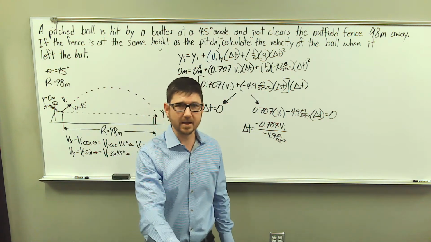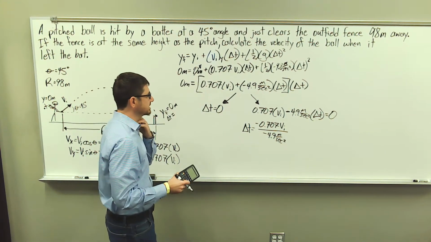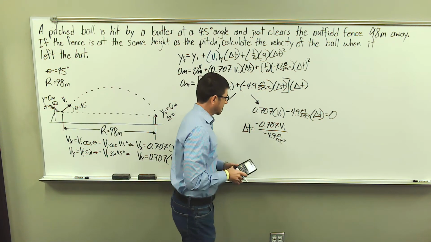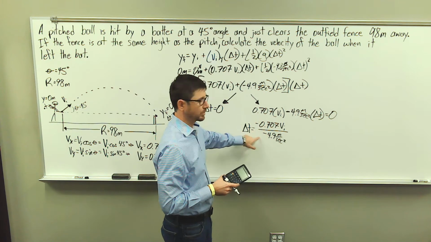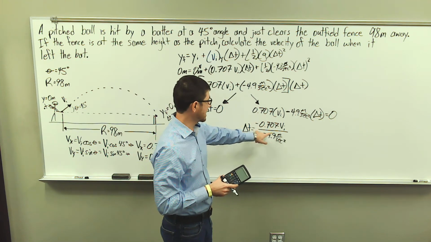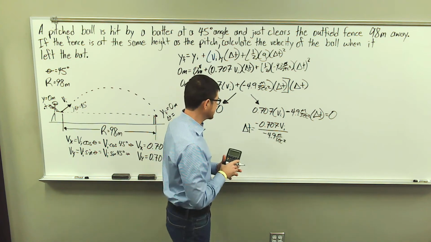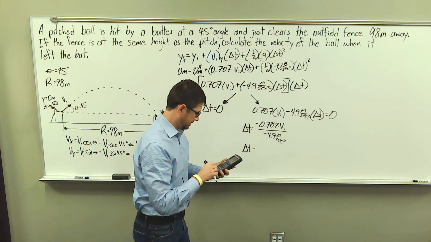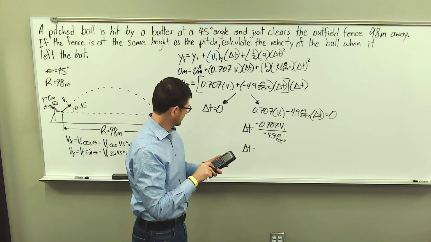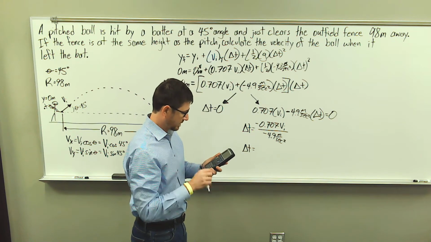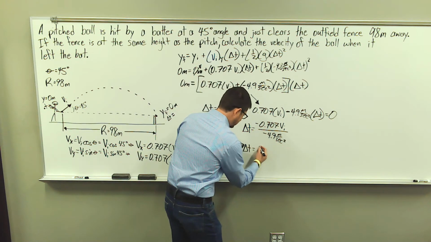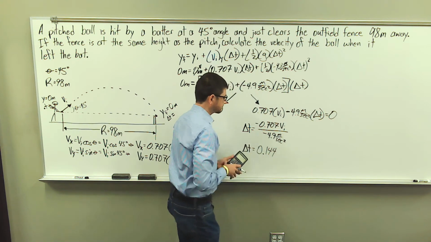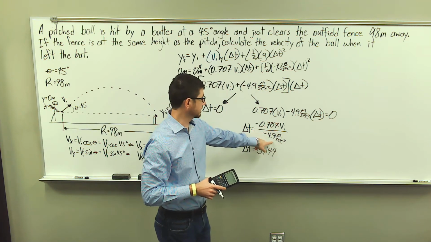Okay, let's grab our calculator here so we can clean this up. So I'm going to do my division here, so we know we're going to get a positive sign, and we can multiply that by v sub I. So delta t is equal to 0.144, and let's take a look at our units here.